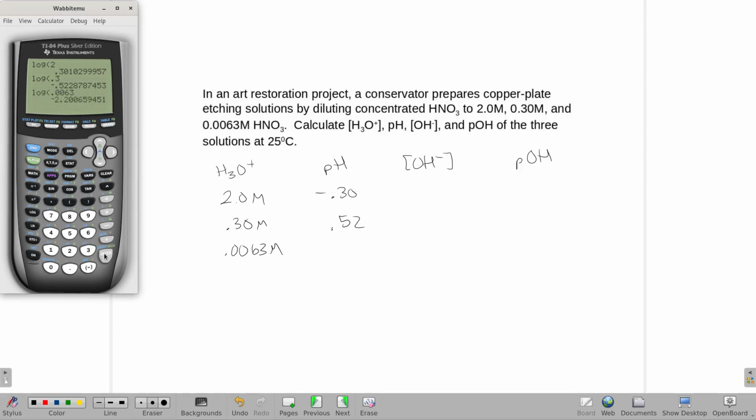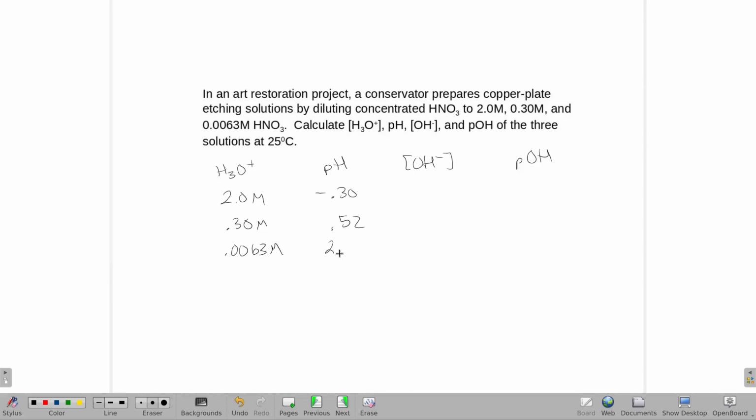And pH here is 2.20. Now this is something interesting. See how this has two significant figures and it looks like I put 3 here? Turns out on a pH scale, the leading number, no matter if it's there or not, is never significant because that's more like the exponent. The significant digits on a pH scale are actually the decimal places.